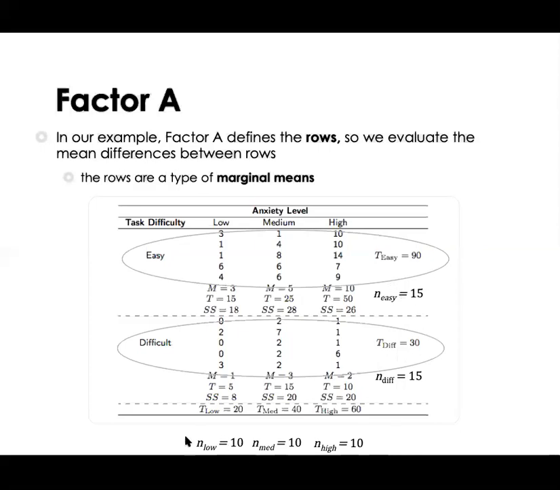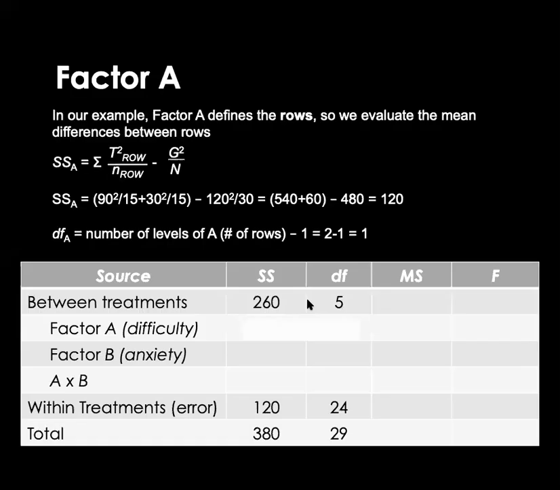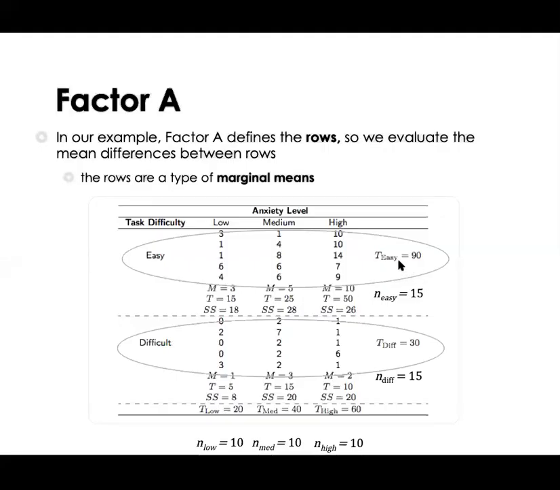Down here at the bottom of the column, these are called marginal values. Inside the table these are called cells. And so we're going to evaluate the differences between the rows, right? This row is representing easy tasks, and this row is representing difficult tasks.